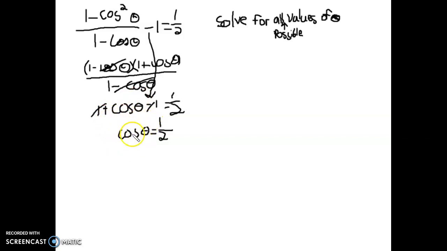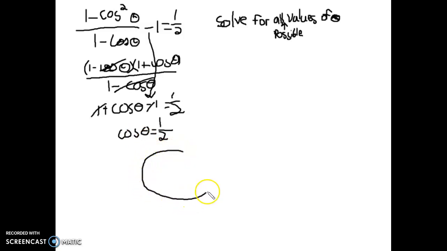We still have cosine of theta is equal to 1/2, and we've still not found theta itself. And so right now what we're going to do is find on the unit circle where cosine, or the x component of the angle measure theta, is equal to 1/2.